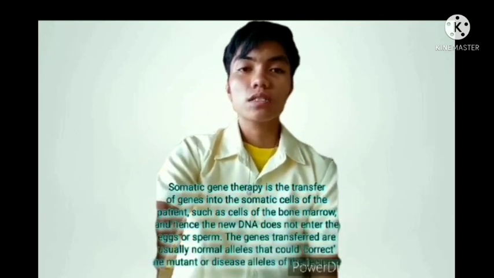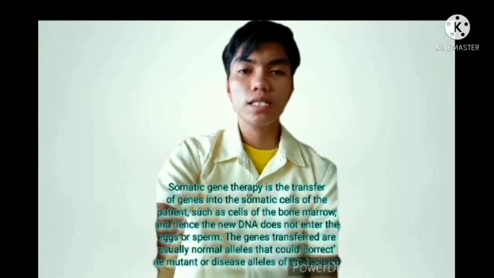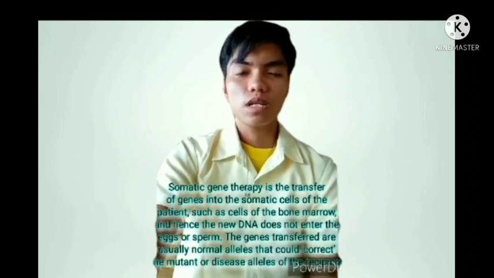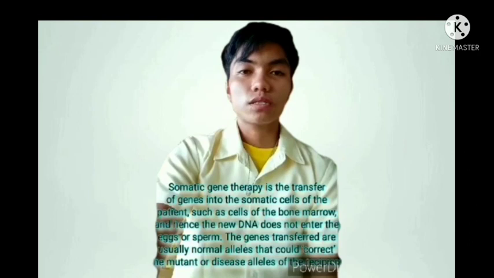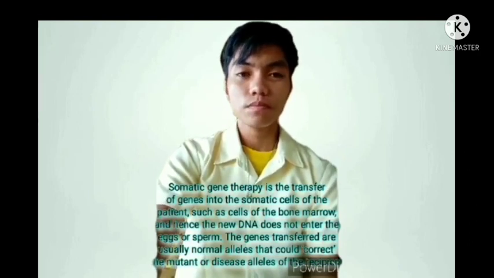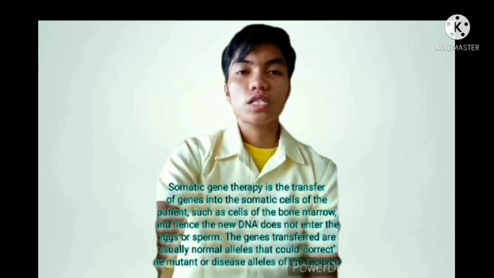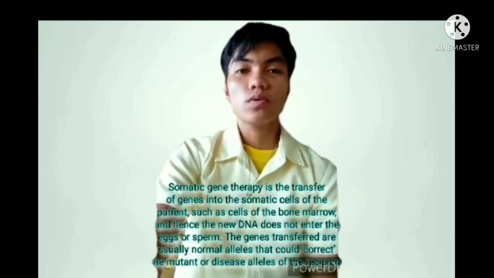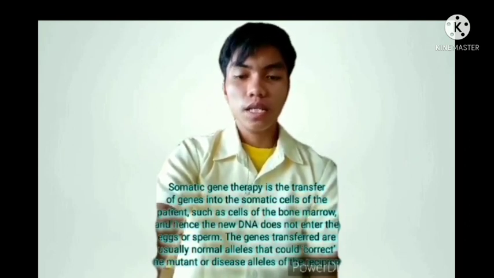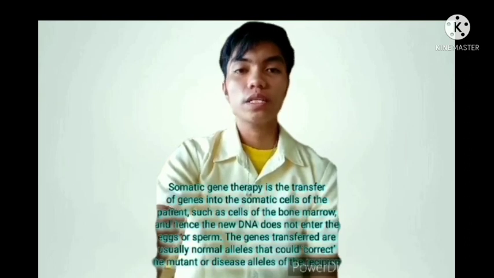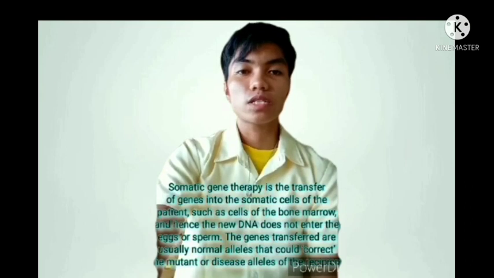These are the cells that do not produce the eggs and sperm, which produce the next generation, such as the cells of the bone marrow, and hence the new DNA does not enter the sperm or eggs.